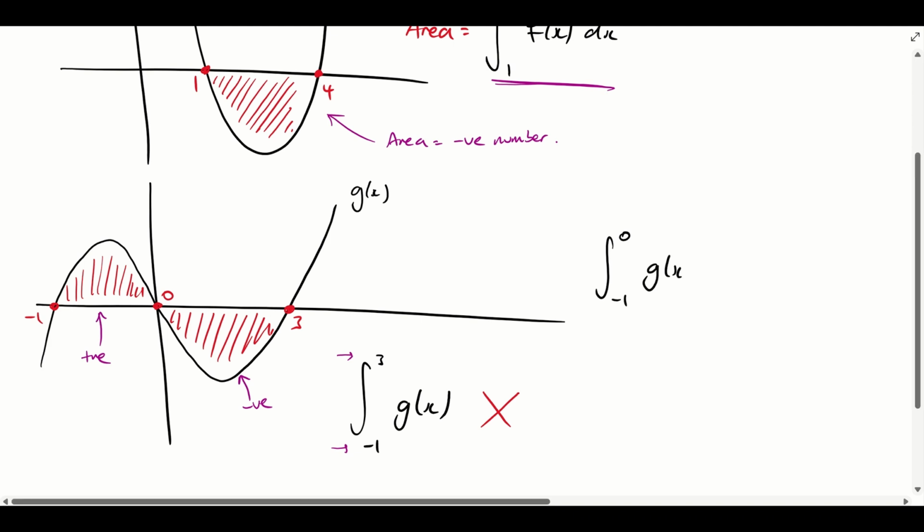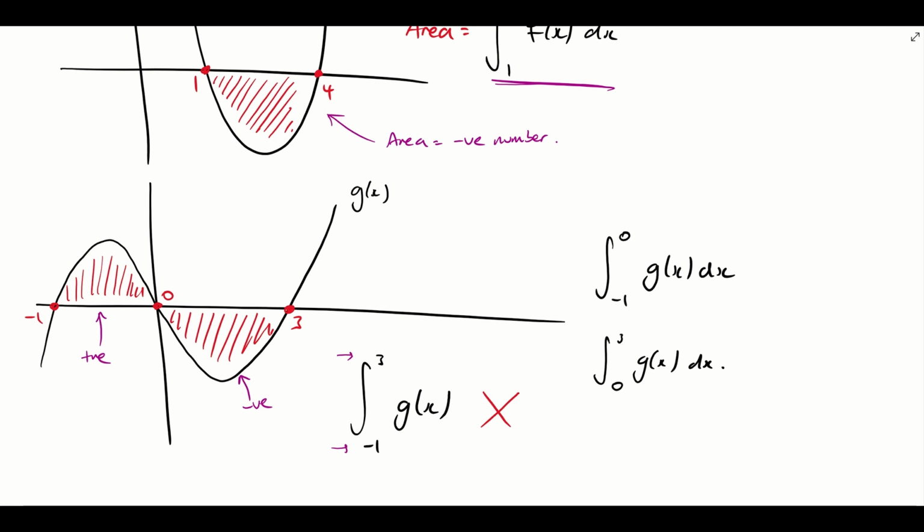Then I would take that number, and look at the area from 0 to 3, which is going to be a negative number. I would make sure all of my numbers are positive, and then I would add those two areas together. So just be very mindful that positive and negative area can happen.